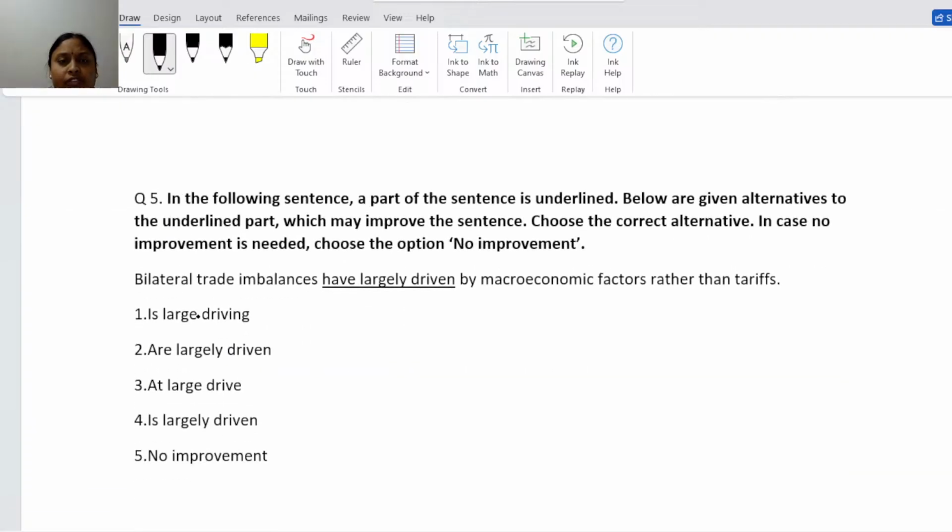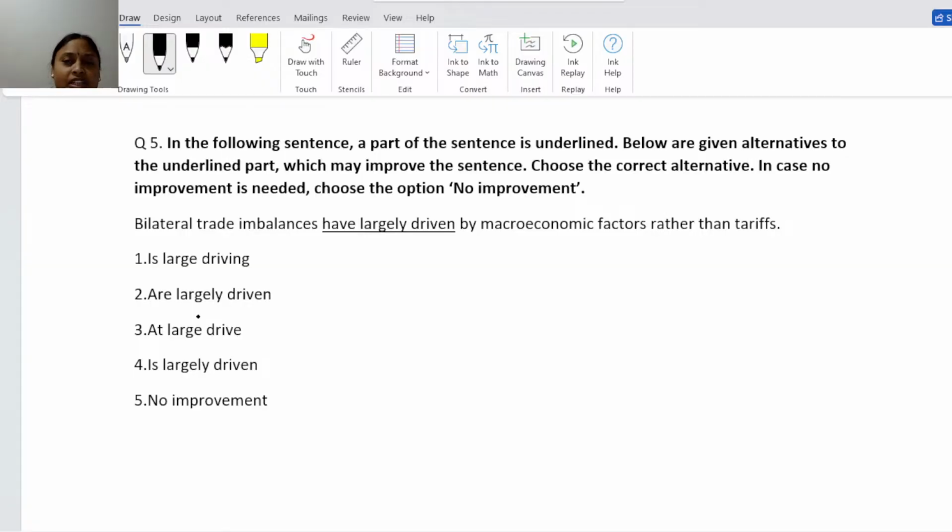So fifth question. In the following sentences, a part of the sentence is underlined. Below are given alternatives to the underlined part, which may improve the sentence. Choose the correct alternative. In case no improvement is needed, choose the option no improvement.